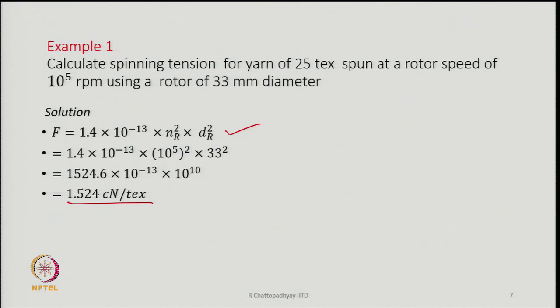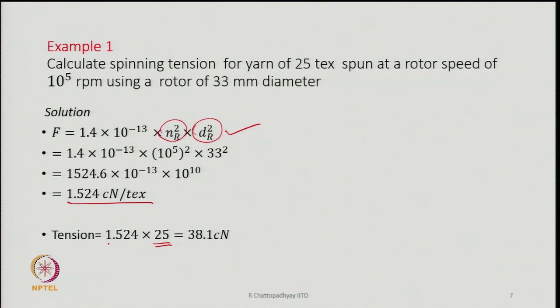So, we put in the values of rotor speed and rotor diameter, and by doing so we get a figure of 1.524 centinewton per tex. So, that is the tension per tex. To get the tension in the yarn, we have to multiply by the yarn tex.